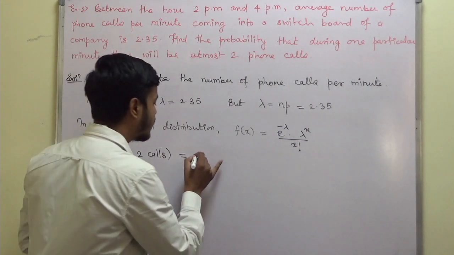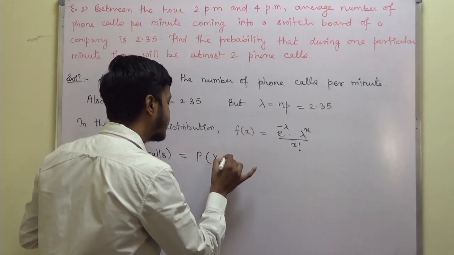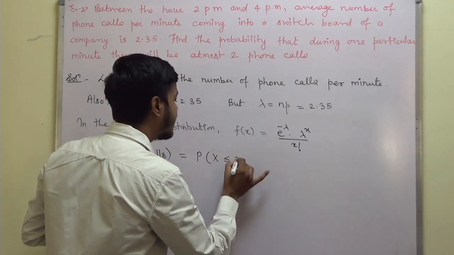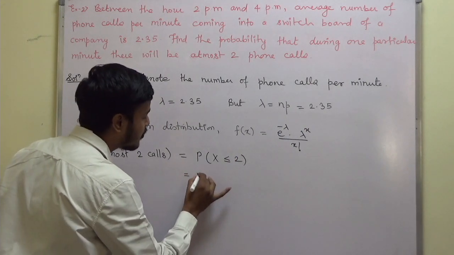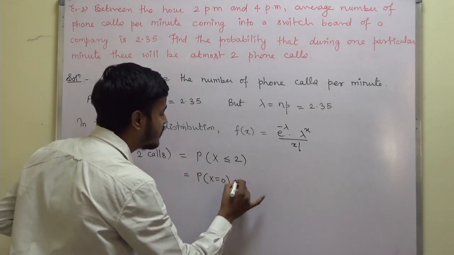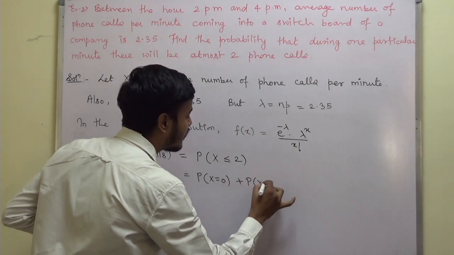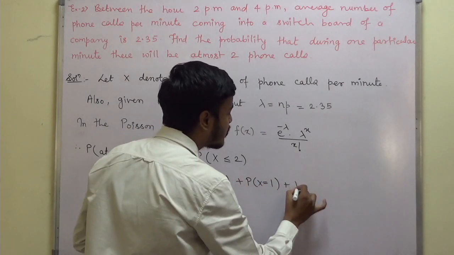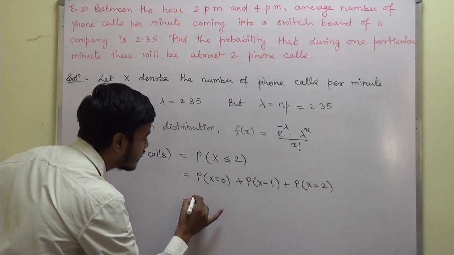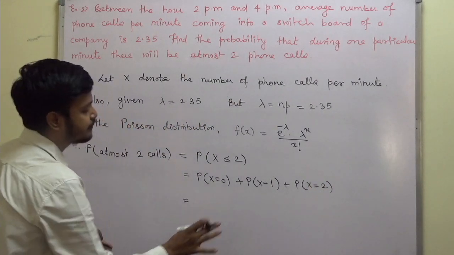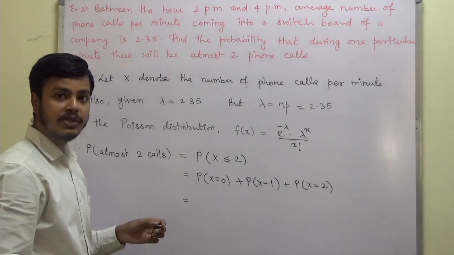So this is nothing but probability of x less than or equal to 2. Less than or equal to 2 means you have to find the probability of x equal to 0, plus the probability of x equal to 1, plus the probability of x equal to 2.